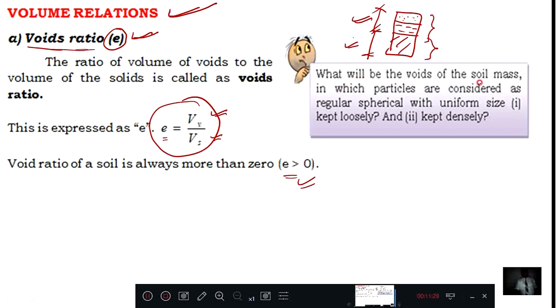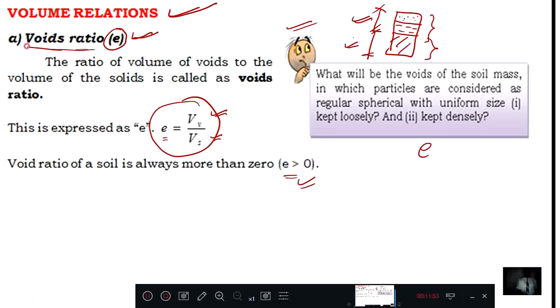What will be the voids ratio of a soil mass in which particles are considered as regular spherical with uniform size, kept loosely and kept densely? Uniform size is there, but kept loosely, kept densely. You can think over it and find out the voids ratio for the two cases.